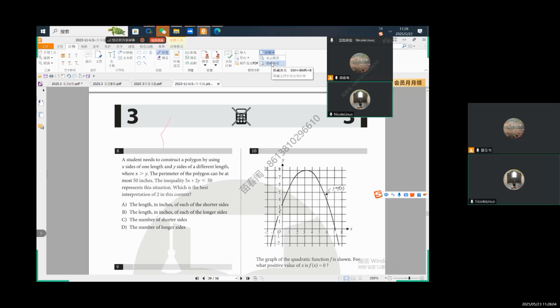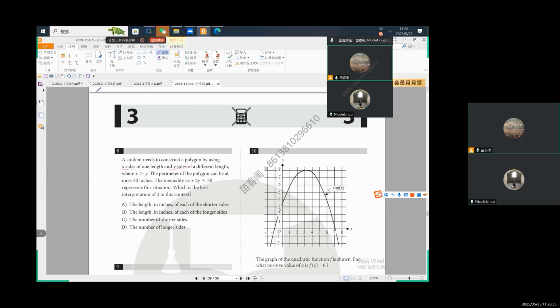I think A. They have X says this and Y says that. Which is the best interpretation of 2 in this? It's the shorter one, right?